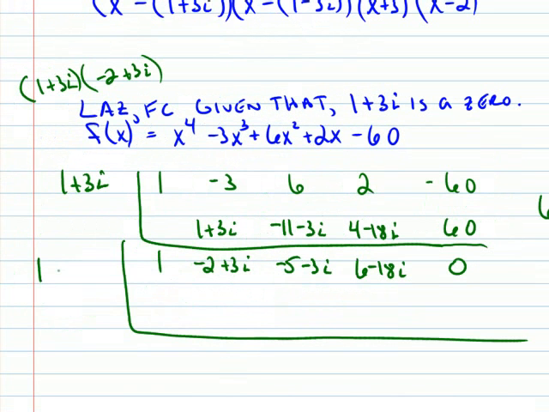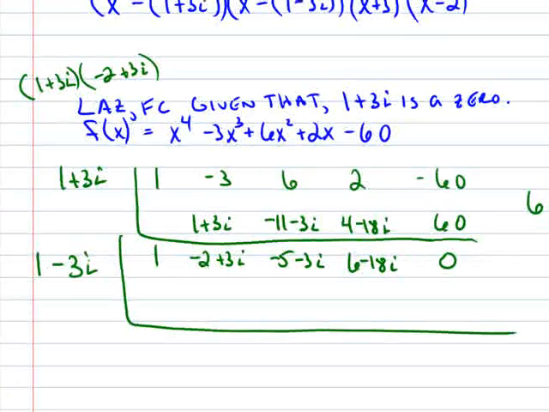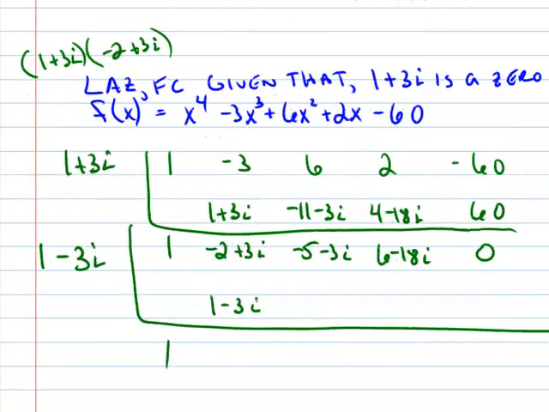So if 1 plus 3i is a 0, 1 minus 3i is a 0 because they come in conjugate pairs. So bring down the 1. 1 minus 3i times 1 is 1 minus 3i. Add down negative 2 and 1, so negative 1, and the 3i's are gone. So this is going to be a negative 1 plus 3i.